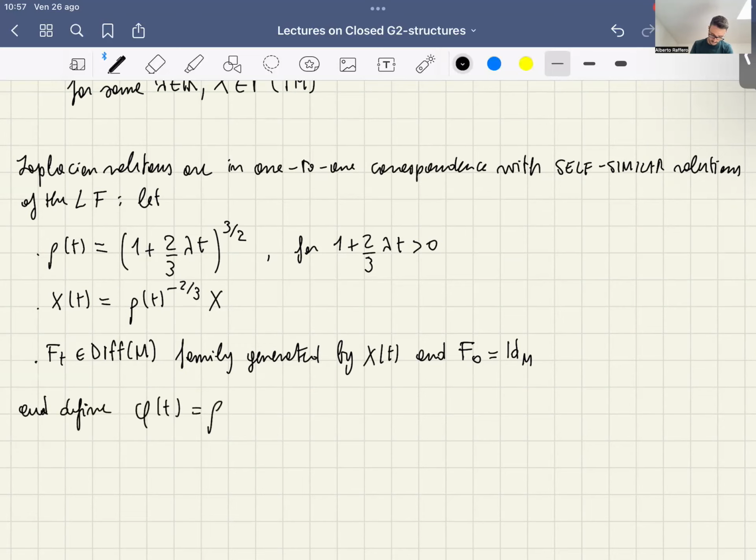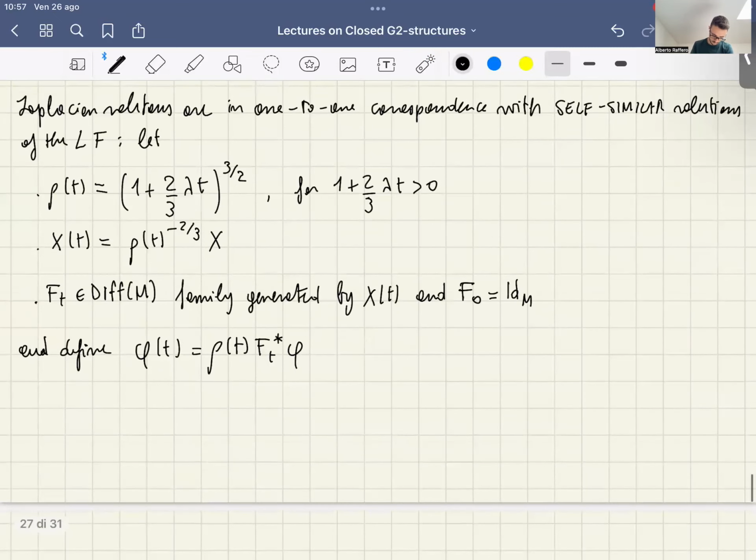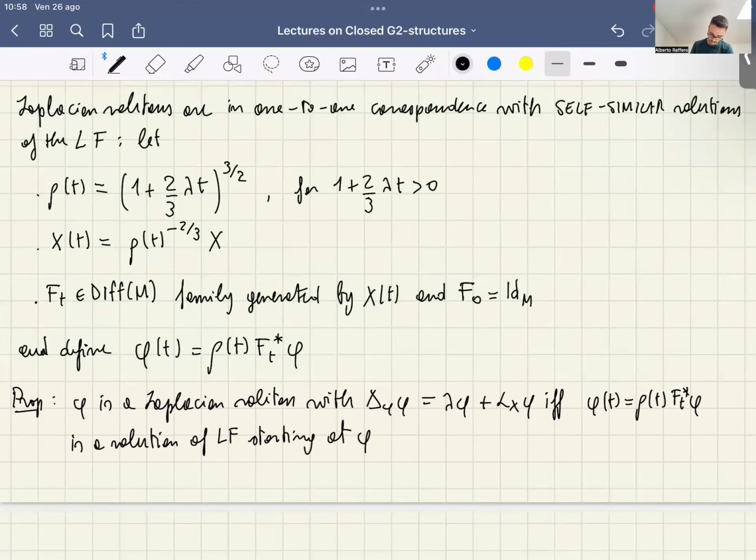So if you consider these three objects and define phi t as rho t times the pullback by F_t of phi, where phi is a given closed G2 structure, then phi is a Laplacian soliton, satisfying the equation Laplacian of phi equals lambda phi plus the Lie derivative of phi, if and only if phi t, as we just defined, rho t times the pullback of phi by F_t, is a solution of the Laplacian flow starting at phi.